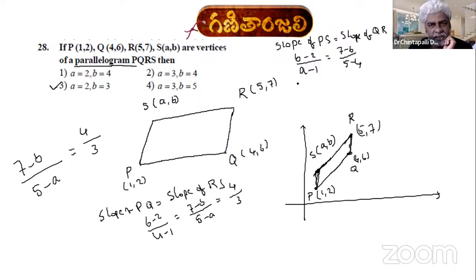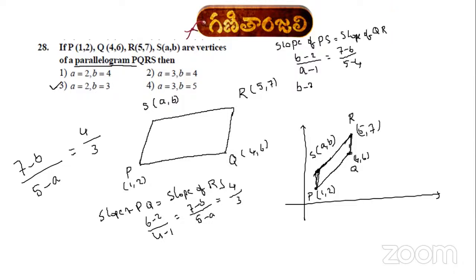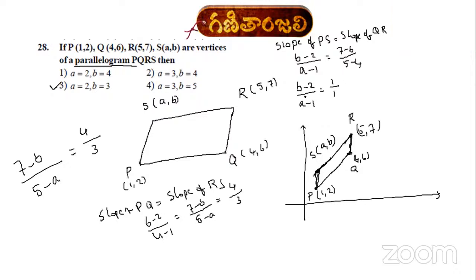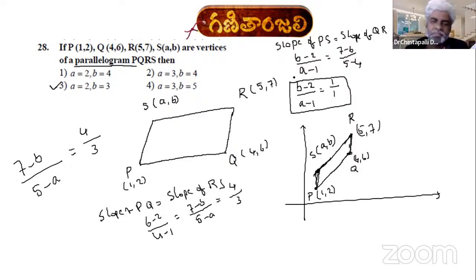So b minus 2 over a minus 1 is equal to 1 by 1. Which option satisfies this condition? So it's option 3 only.